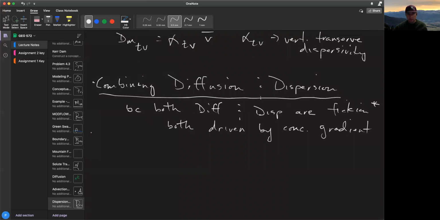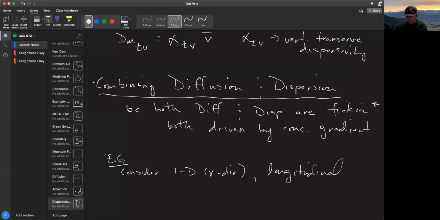So for example, consider 1D in the x direction, longitudinal only, dispersion and diffusion.